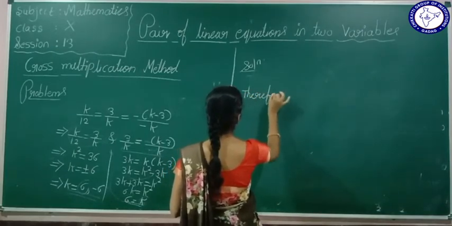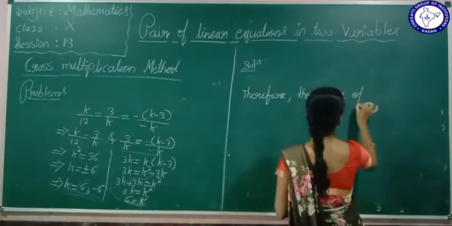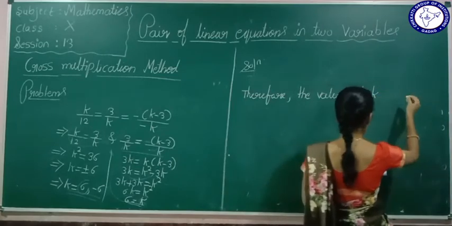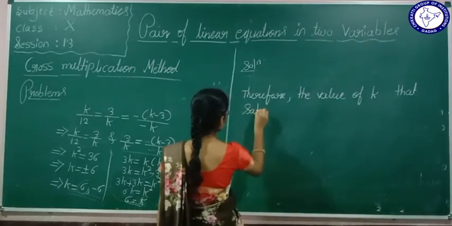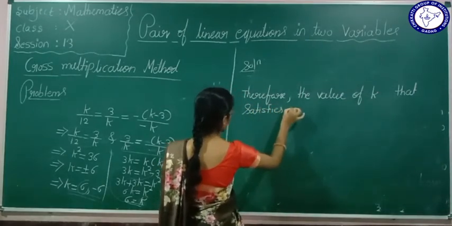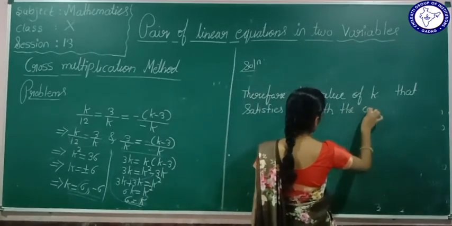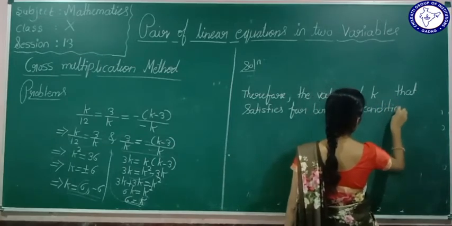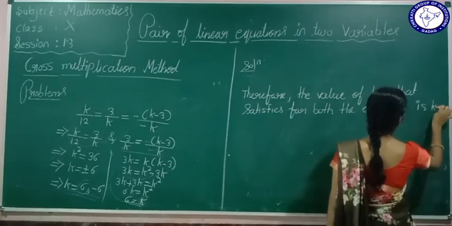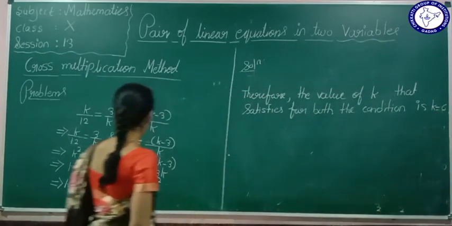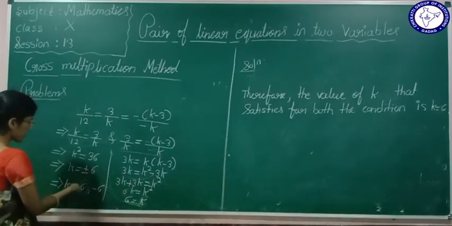Therefore, the value of k that satisfies both the conditions is k is equal to 6. See here, this k is equal to 6, again this k is equal to 6, and here also k is equal to 6.